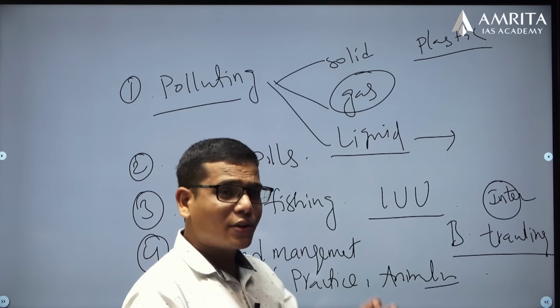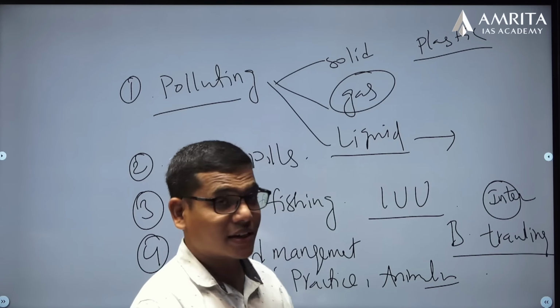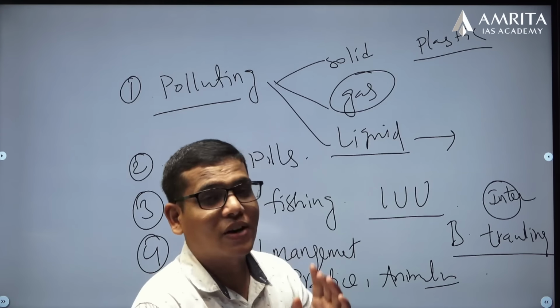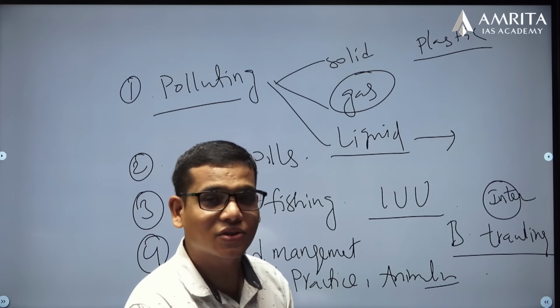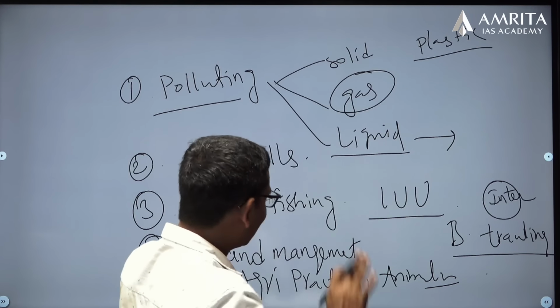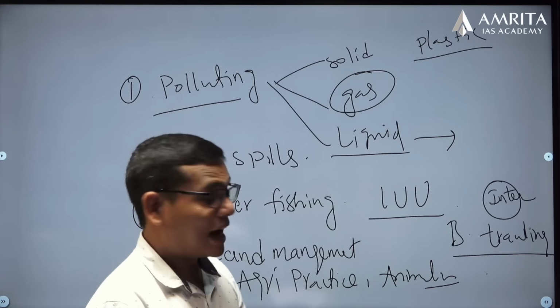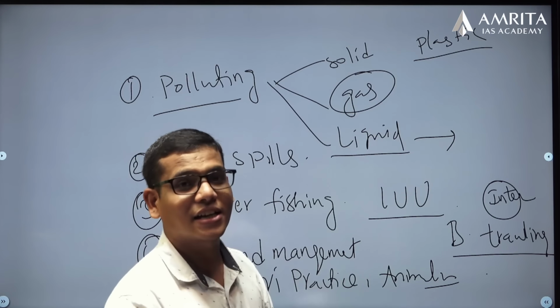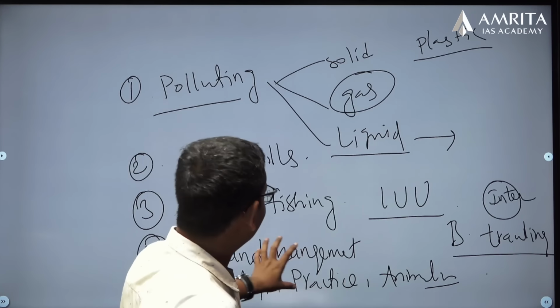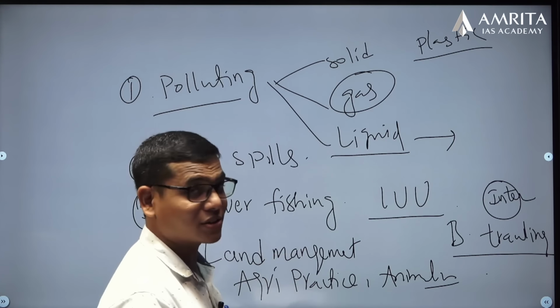That means when you are using your land, you are completely removing the forest, removing the green cover, occupying the wetlands, and you are bringing everything into the ocean. And when you are using excessive fertilizers and pesticides, they are all entering into the ocean. So these are also a reason.